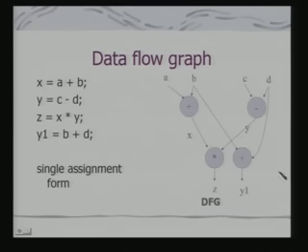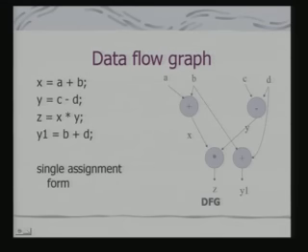But the basic point is that this data flow graph is a model to represent this computation. So, what we are talking about? We are talking about a task graph where each node represents a computation, and we can represent the computation to be done at each node in the task graph by a data flow graph.